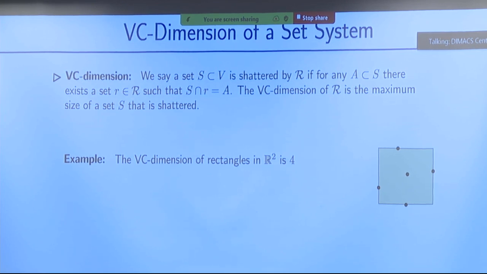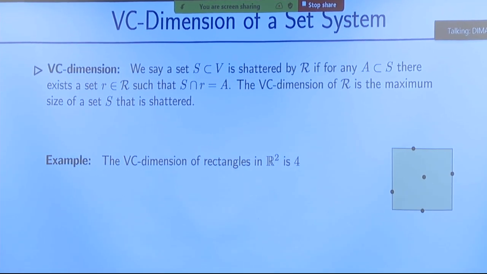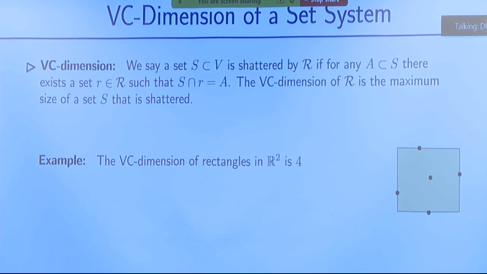We say a subset S of the ground set is shattered by a set system if we can describe any subset of S by intersecting with the sets from the set system. And the VC dimension is the largest possible set that can be shattered.